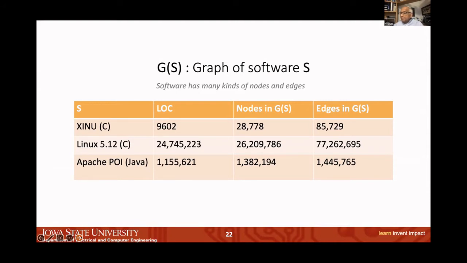The software graphs have sparse edges, so typically the number of edges is a small multiple of the number of nodes. The software graphs have many kinds of nodes for different types of program artifacts and many kinds of edges for relations between program artifacts. In the control flow graph, the nodes are for the program statements and the edges are for the successor relation.